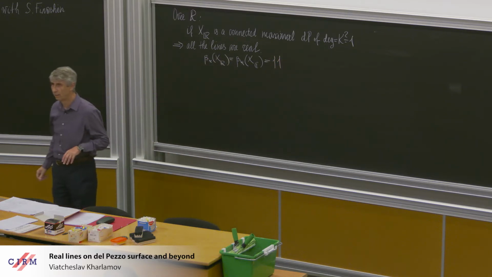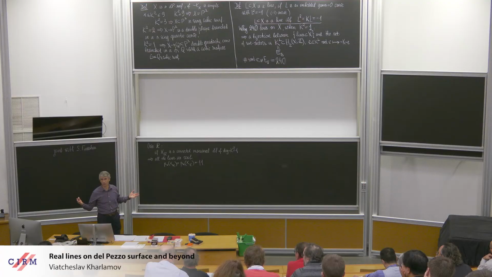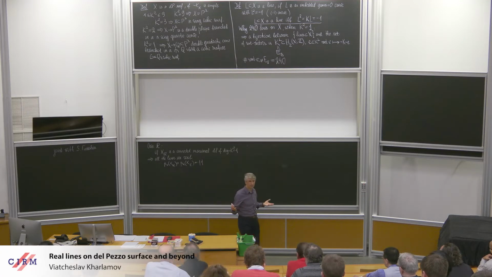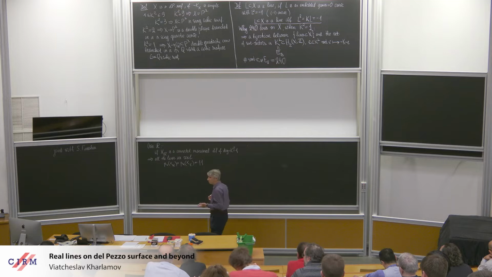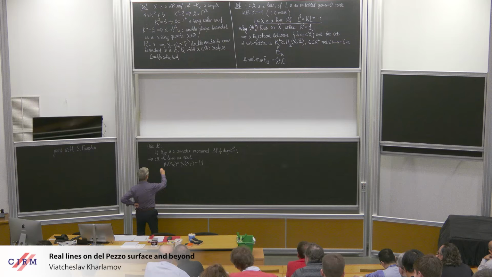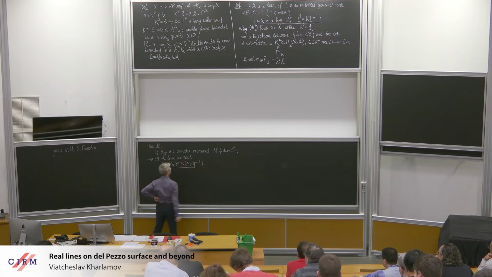Am I right? No, wait. 8 blow-ups of the projective plane, so it should give 11, yes. But it's not important for me. This is the total sum of Betti numbers. This is the definition of maximal.